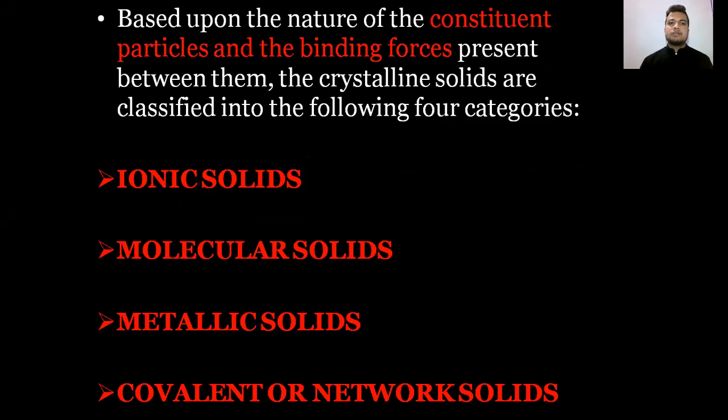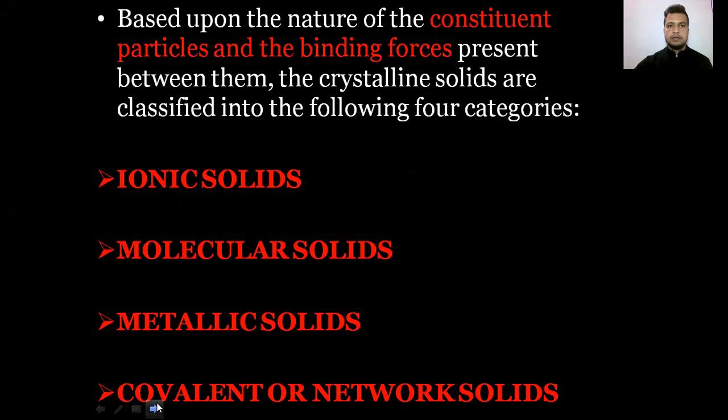Based upon the nature of the constituent particles and the binding forces present between them, crystalline solids are classified into the following 4 categories: ionic solid, molecular solid, metallic solid, and covalent or network solid.